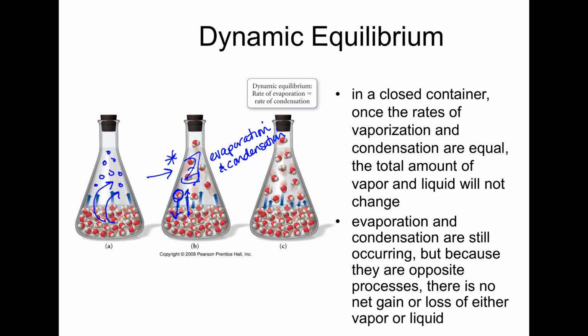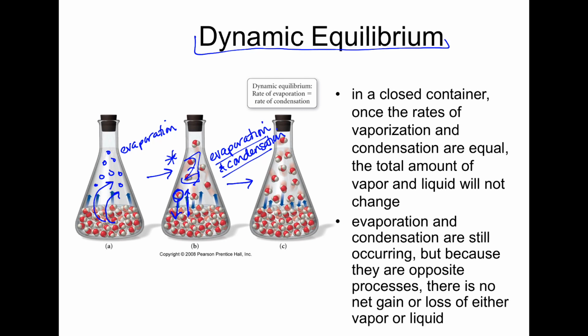So in the very beginning, it's just evaporation. Then it gets crowded, and we have evaporation and condensation. And then eventually, we reach this place called dynamic equilibrium. And during dynamic equilibrium, we have evaporation and condensation, but they're happening at exactly equal amounts.